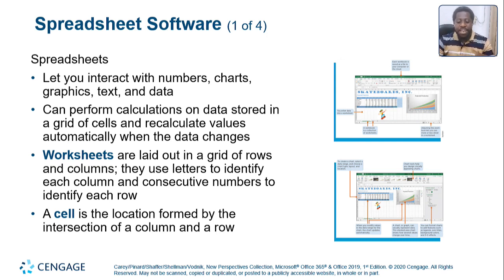So it's a location formed by the intersection of a column and a row. So when we talk about a cell location, if a cell is called B1, it's literally the intersection of that column, say column B, and the row, say 1, all meeting at one point, and that cell is created like a rectangular shape. We make it active, and then we move on from there.